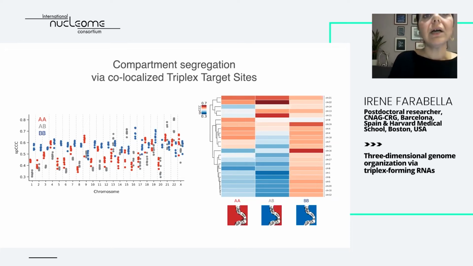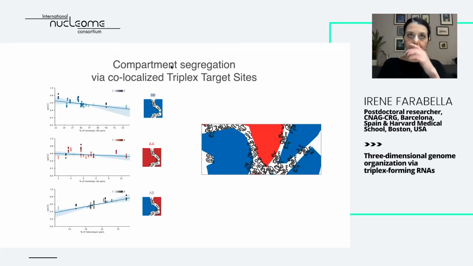So that means that our reconstruction ability is really dependent on the homotypic B type of interaction or the heterotypic interaction present in a given chromosome, but importantly is independent of the A-type interaction that are present in a chromosome.